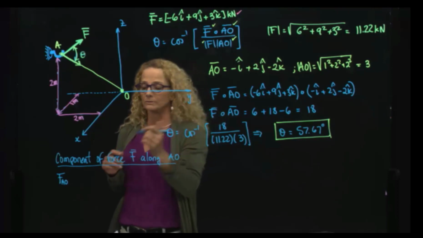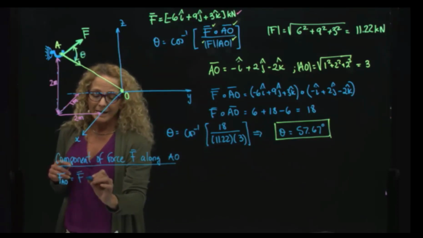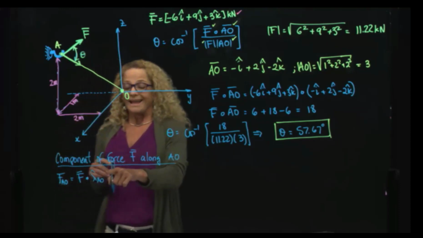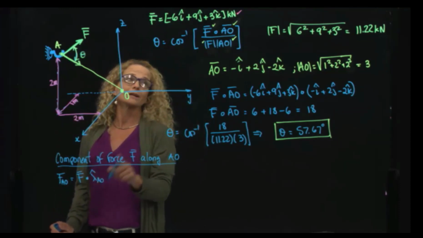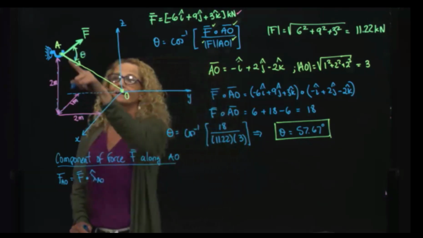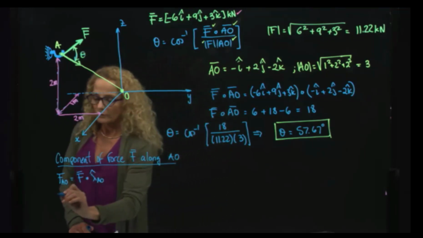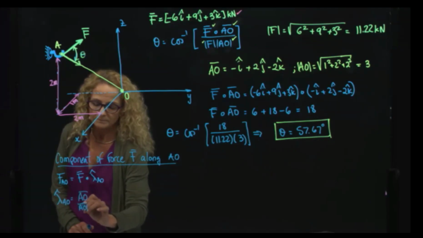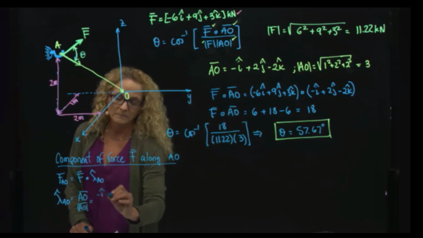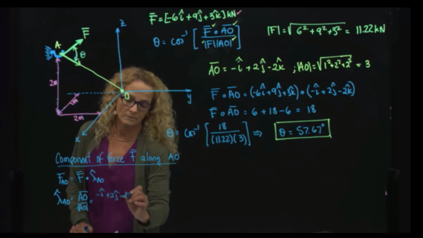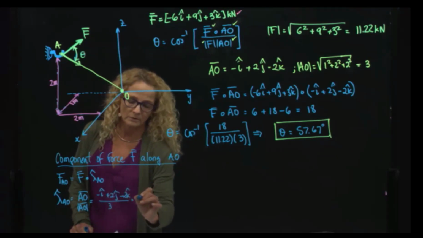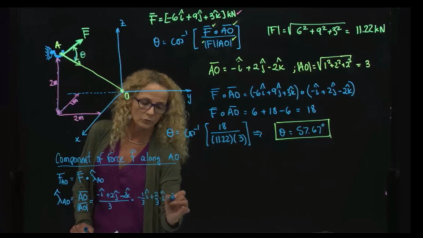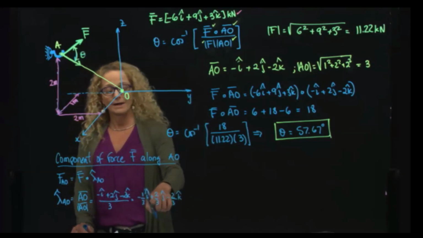So we are already given the direction, and that will be the force F dot product the direction of AO. The dot product, when I multiply by a direction, is not with this vector. So here is a vector, and I have to find the direction of that vector. How do I find the direction of a vector? As you recall, the direction of a vector is the vector divided by its magnitude. So we already have the vector, and we divide it by the magnitude. That gives me 1/3 in I plus 2/3 in J minus 2/3 in K.